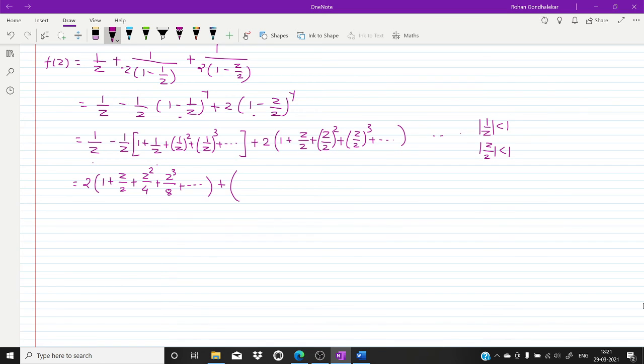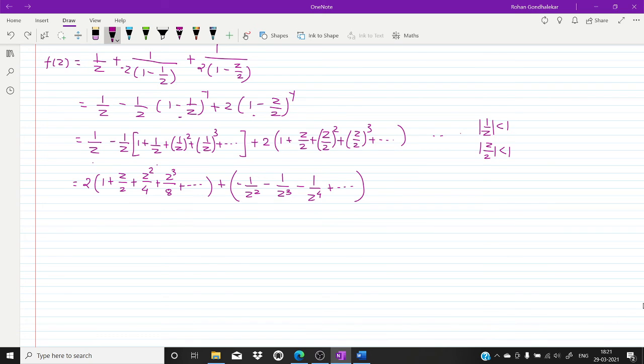Now −1/z into 1/z gives me −1/z², and −1/z gives me −1/z³. Next, −1/z⁴ plus and so on. So these are the terms with the positive powers, these are the terms with the negative powers. So these are the analytic and principal part of the Laurent expansion respectively.